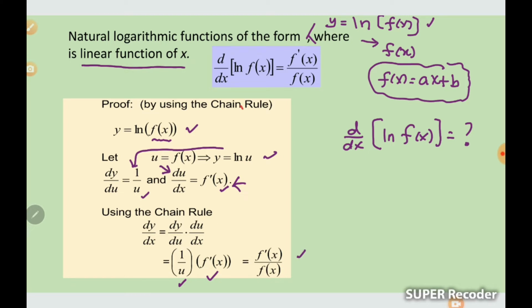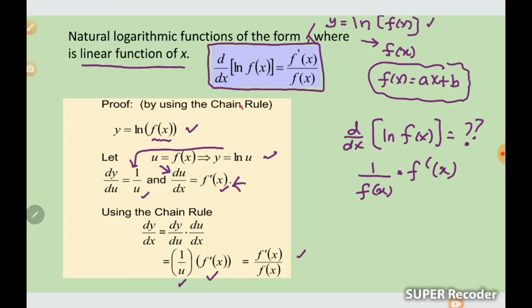By using the chain rule, we substitute dy/du equals 1 over u and du/dx equals f prime x. So d/dx ln f(x) is equal to 1 over f(x) multiplied with f prime x, or simply written as f prime x over f(x).